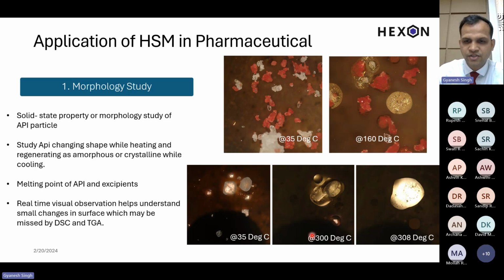And then at 300 degrees Celsius, they have started melting, and at 308, you can see they are in flake form, and also they have a glowing capability. So the melting point is roughly 308 for this. How they are melting, we can understand from that. So this is part of a morphology study which we have done.